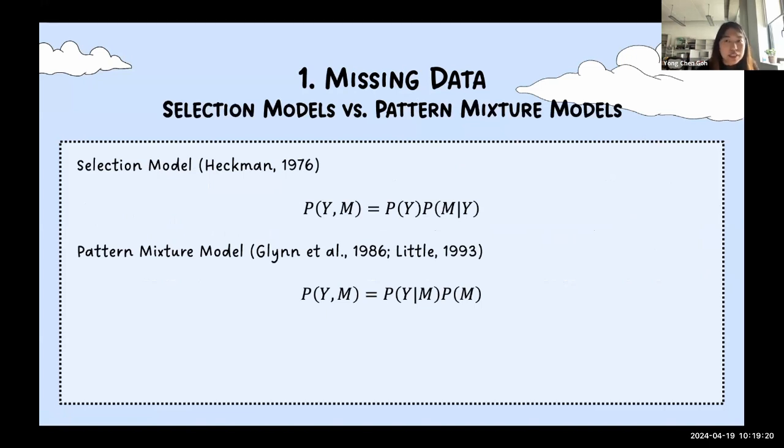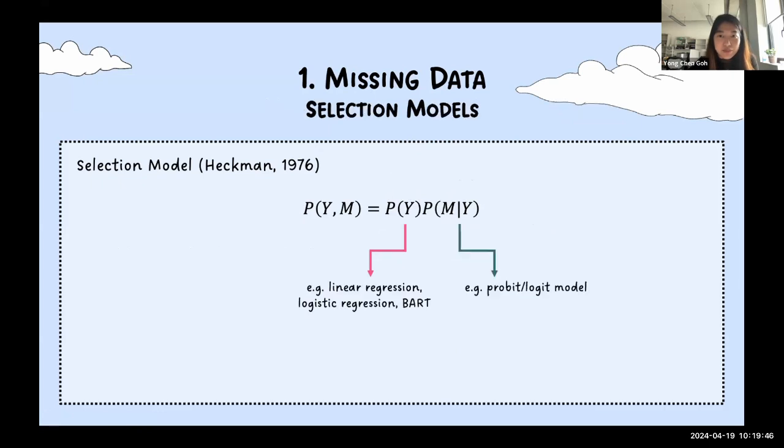The first one is using the selection model, which uses this factorization of P of y and m. The first part is P of y, and the second part is the missingness given the data. The second model is the pattern mixture model, but we won't get into that today. What we're using is the selection model.